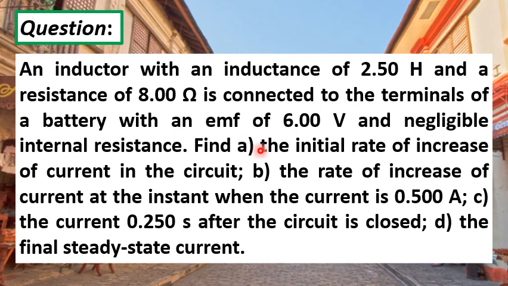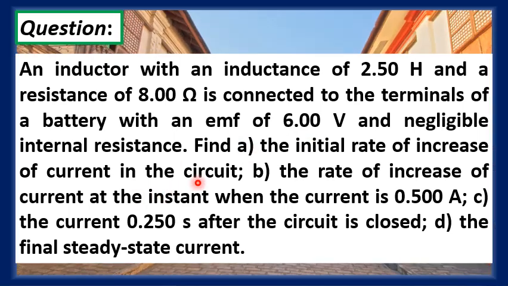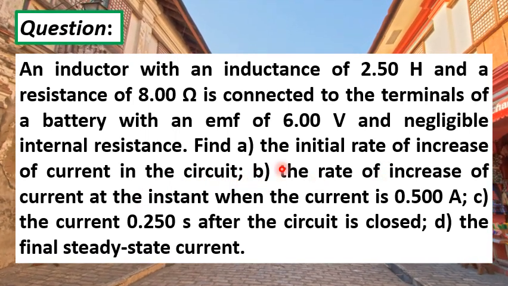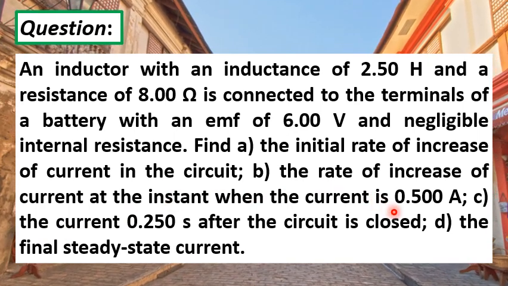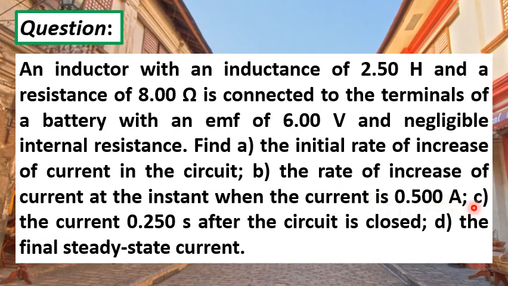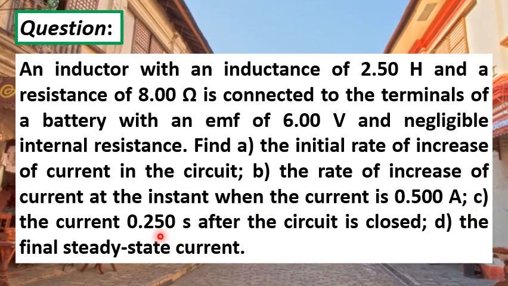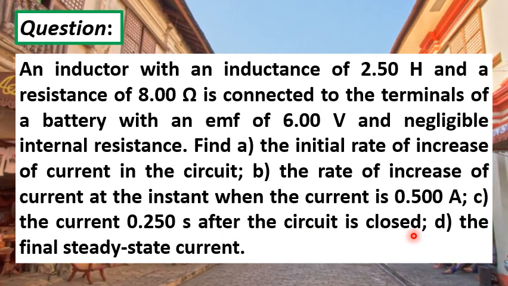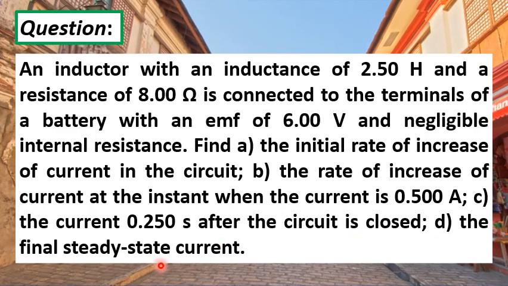Question letter A, find the initial rate of increase of current in the circuit. Question letter B, find the rate of increase of current at the instant when the current is 0.500 amperes. Letter C, find the current 0.250 seconds after the circuit is closed. And question letter D, find the final steady state current.